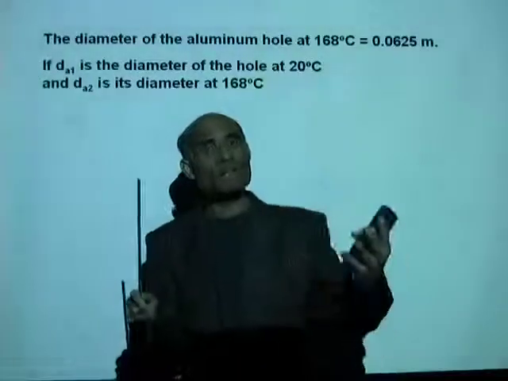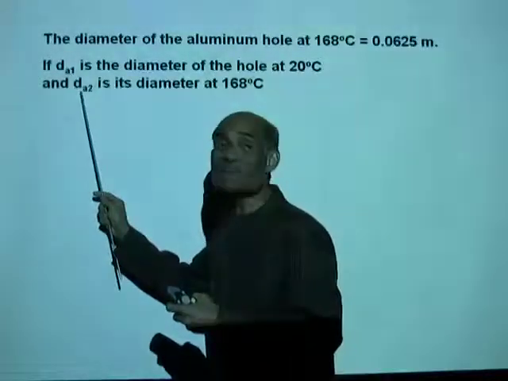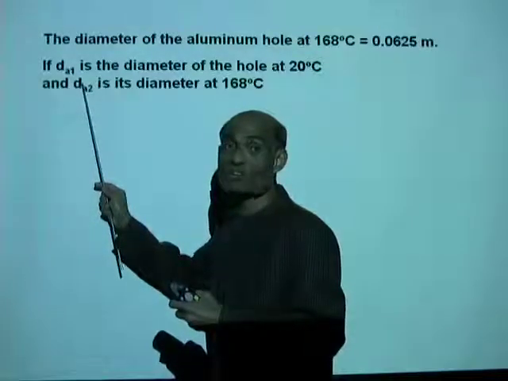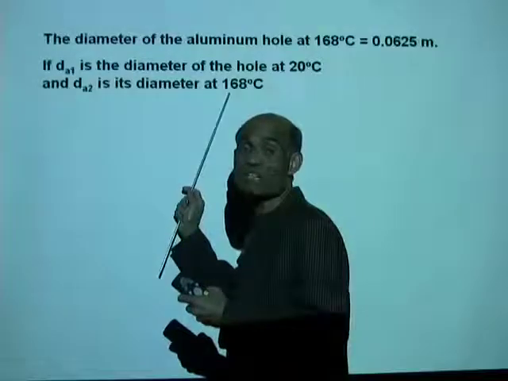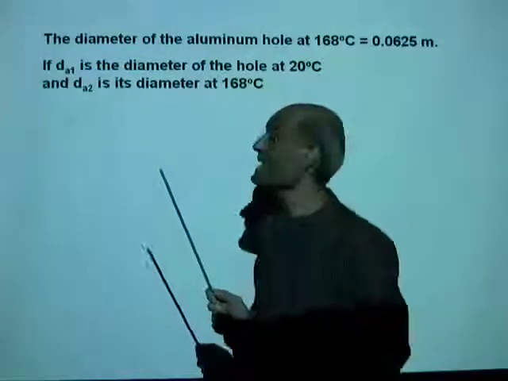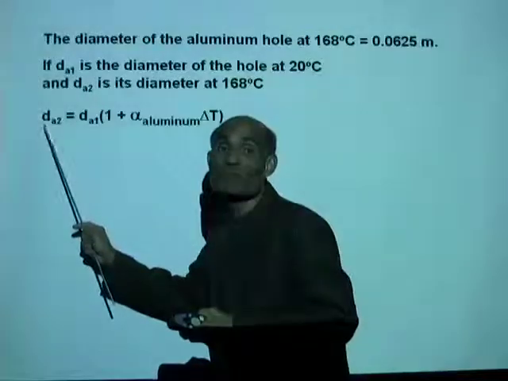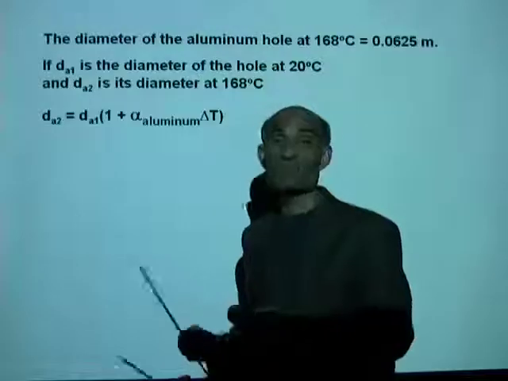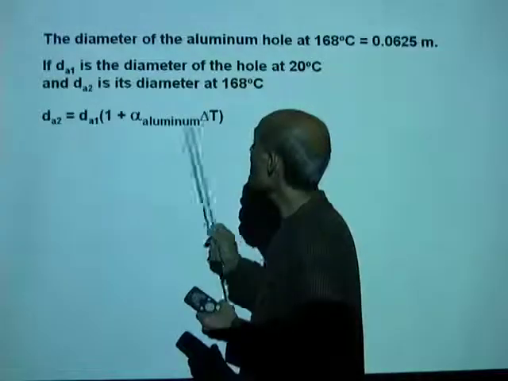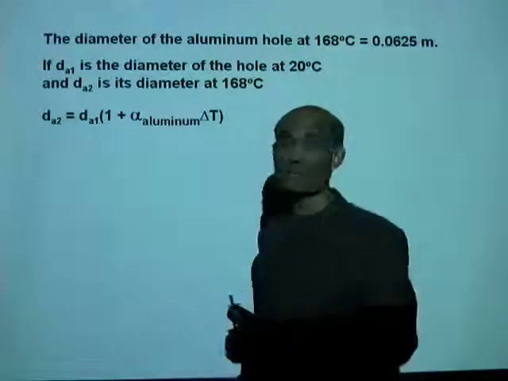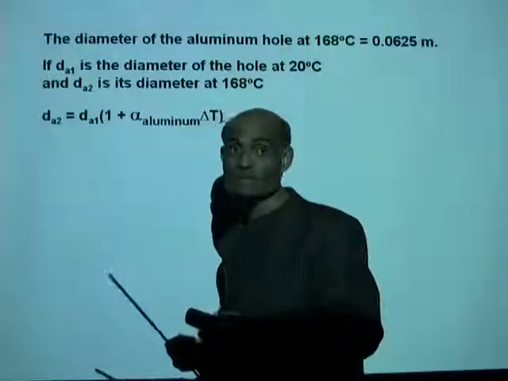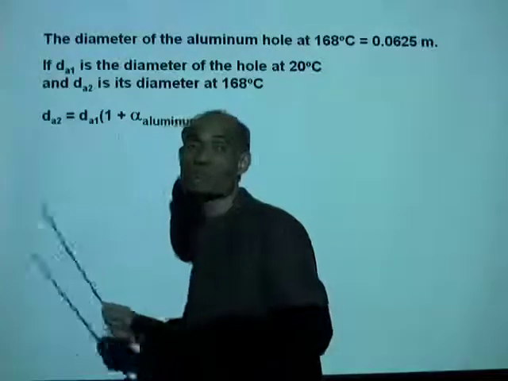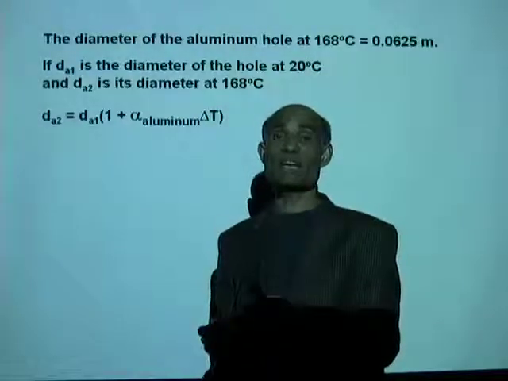That is what we want to calculate. dA2 is the diameter of the hole in the aluminum sheet at T2 equal to 168 degrees Celsius. Then we have dA2 equal to dA1 times 1 plus alpha aluminum times delta T. Is that right? Yes. This is like L2 equal to L1 times 1 plus alpha delta T.